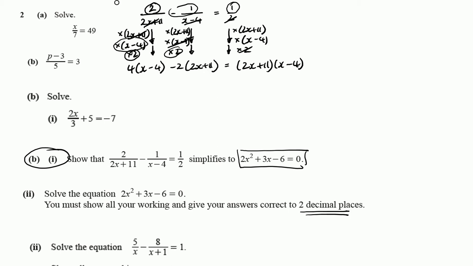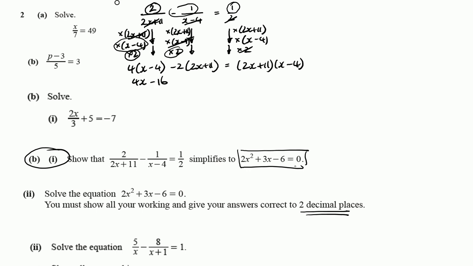Having dealt with the most complex threat to simplicity, which is the fractions, I now want to multiply out my brackets. This is relatively straightforward, but on the left-hand side, we do have a minus sign between our brackets, and it's very common to make mistakes when we're multiplying out those brackets. 4x minus 16.